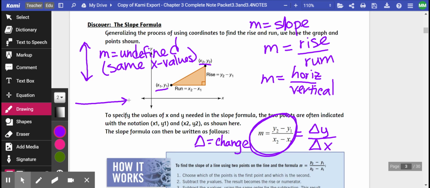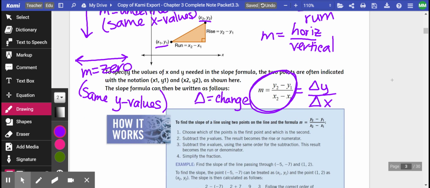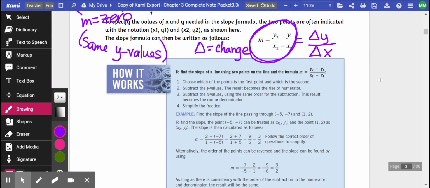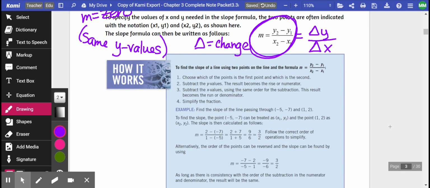If you have a horizontal line like this, your slope is equal to 0, and this has the same y values. So this blue box right here goes through how to use your formula for slope to find the slope between 2 points. We're just going to go straight into an example.